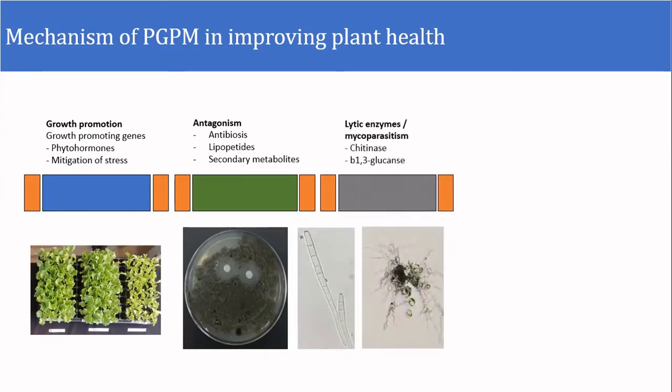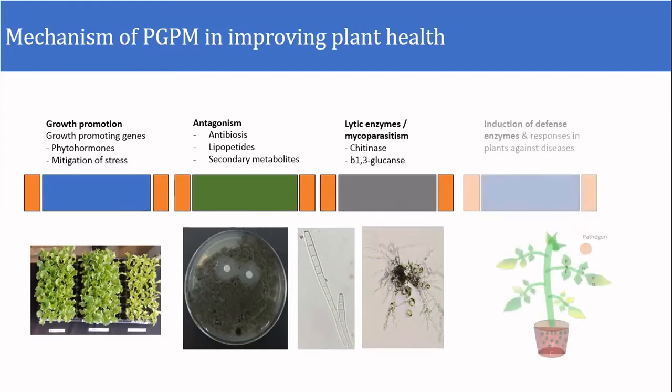Then the third well-studied mechanism of these growth promoting microorganisms is the production of lytic enzymes such as chitinases and beta-1,3 glucanases. And here what happens, these chitinases and glucanases can act on the cell wall of the fungal pathogens, and that could actually suppress the growth of the pathogens.